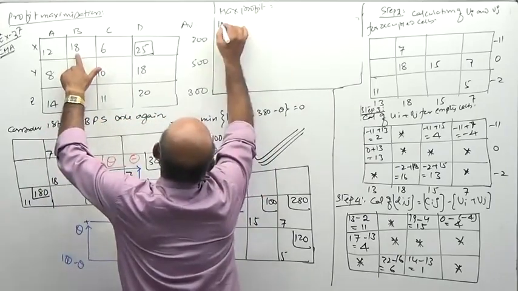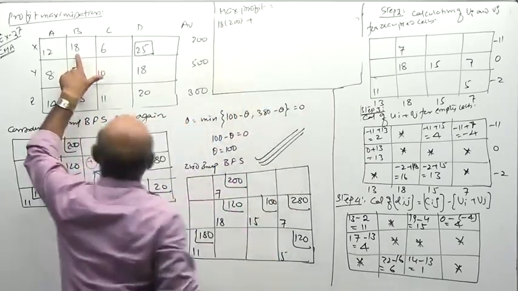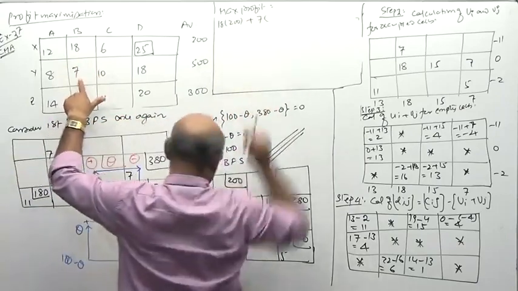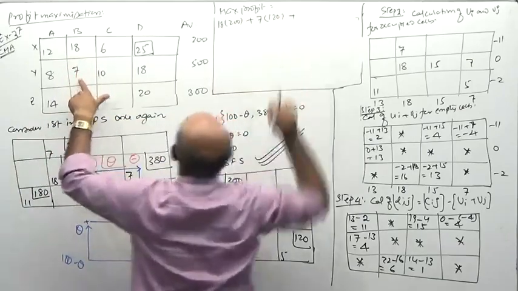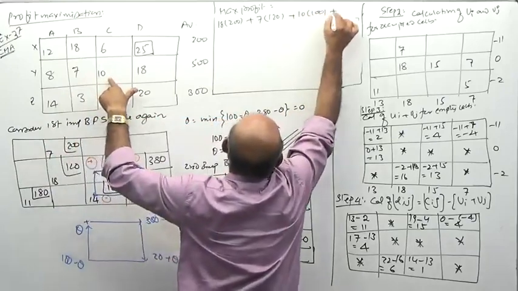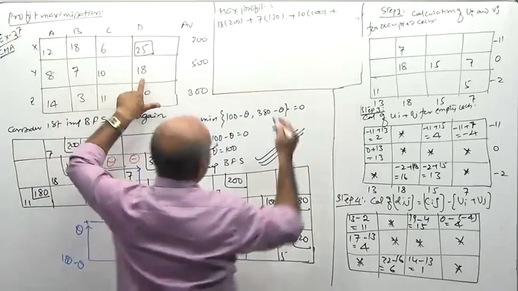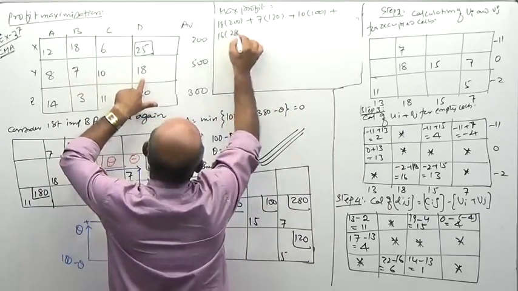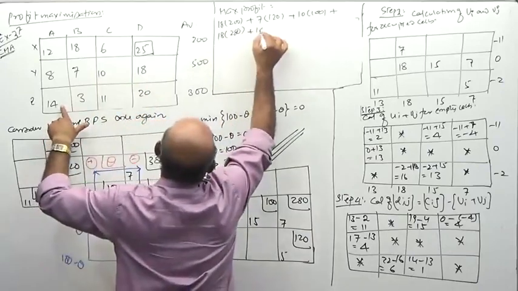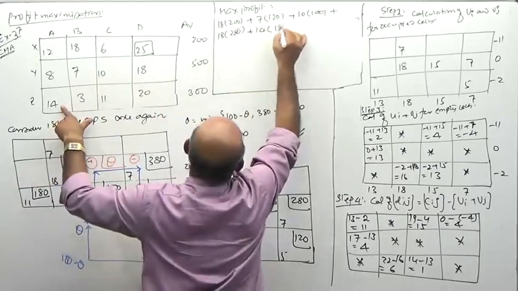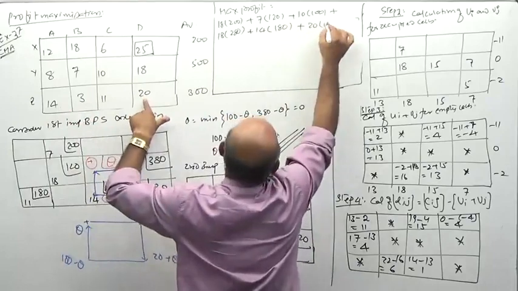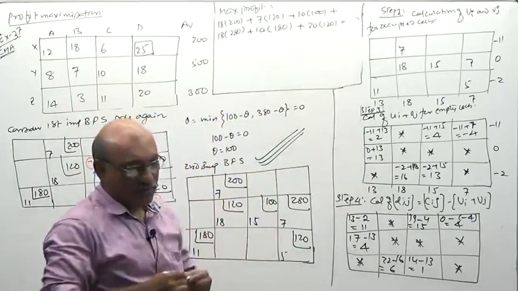What is the profit here? 18 into 200, plus second row, second column, 7 into 120, plus 10 into 100, plus 18 into 280, plus 14 into 180, plus 20 into 120. Now, let's use the calculator, sir.